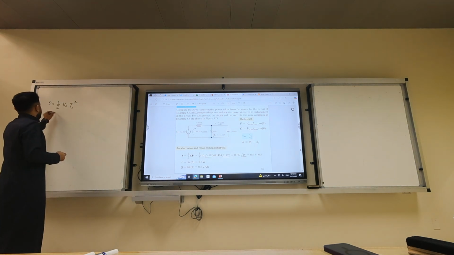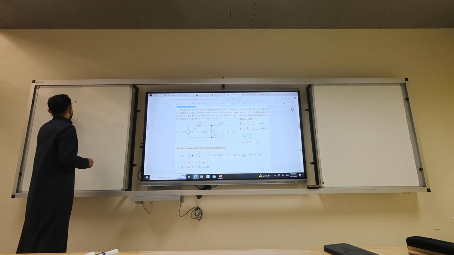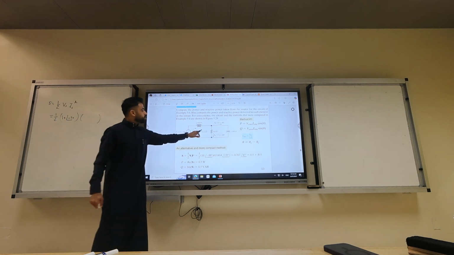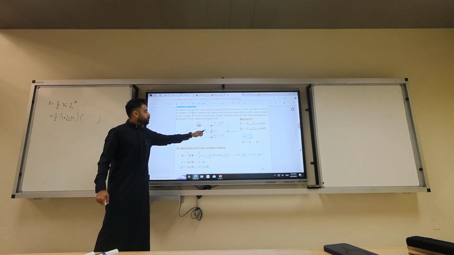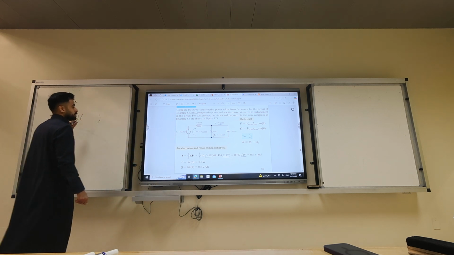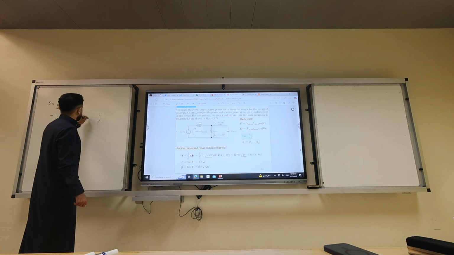So it is half times, what's Vs? 10 angle minus 90 times I conjugate. What is the current? 0.1414 angle minus 35. The conjugate, you just change the angle from minus 35 to plus 35. So it becomes 0.1414 angle plus 35 degrees.